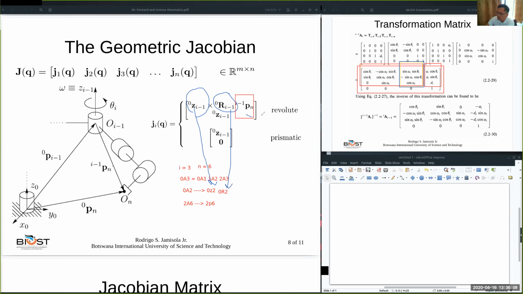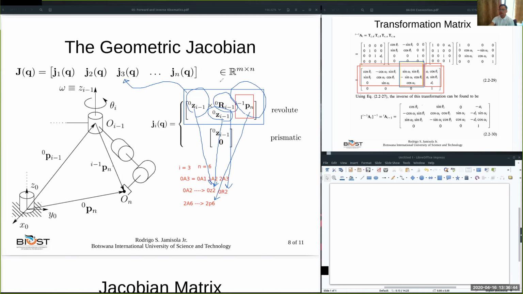And for the orientation, it is already computed there. So you have to do this recursively in order to get all the elements of the column for a revolute joint, for example, for a column corresponding to, in this case, column 3.